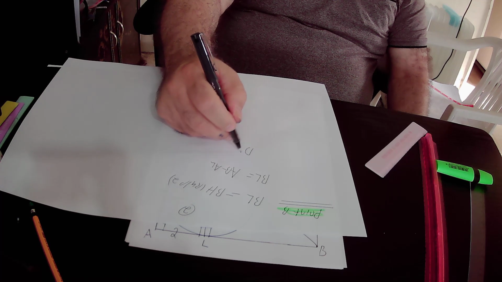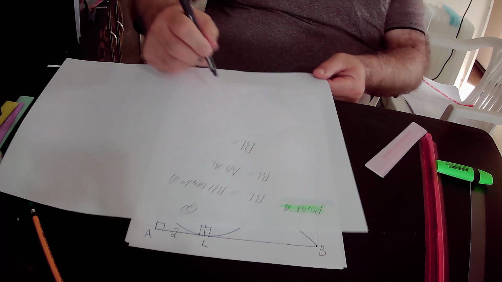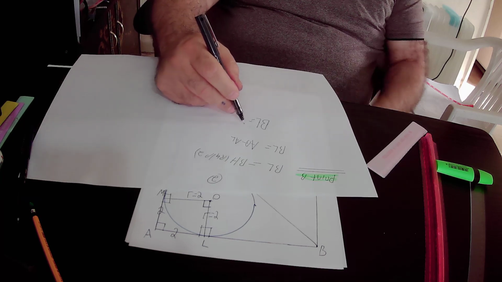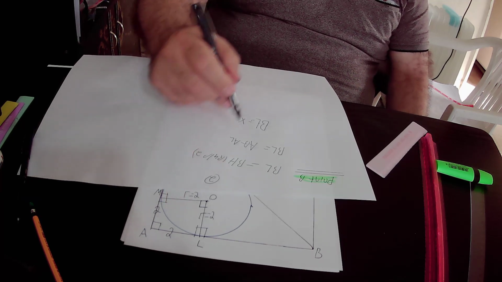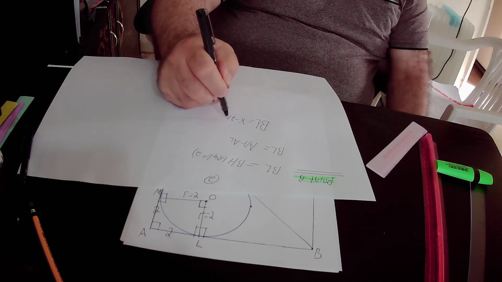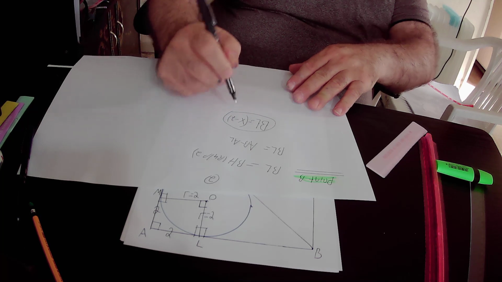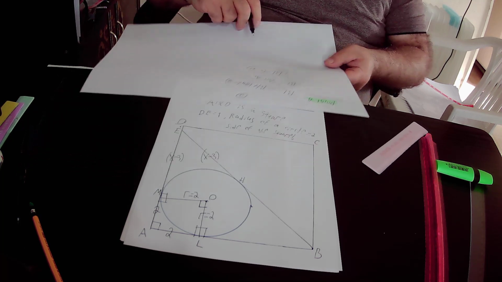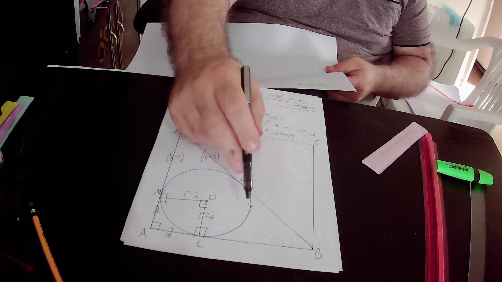That is to say, BL equals AB, and AB equals x according to our definition. AL equals 2 units according to what we have already found out. So in conclusion, BL equals x minus 2.